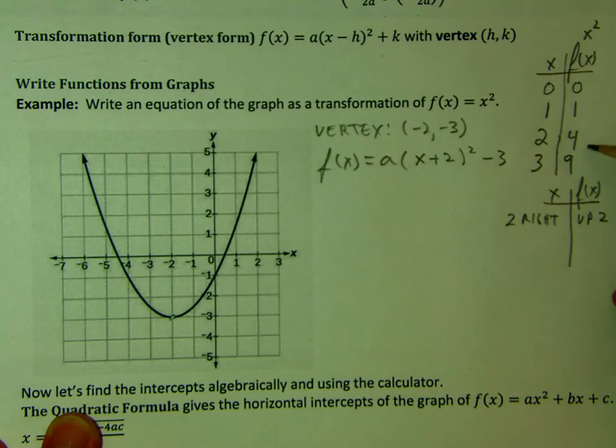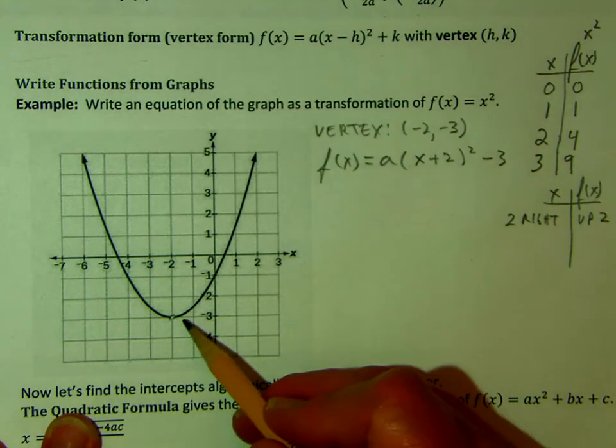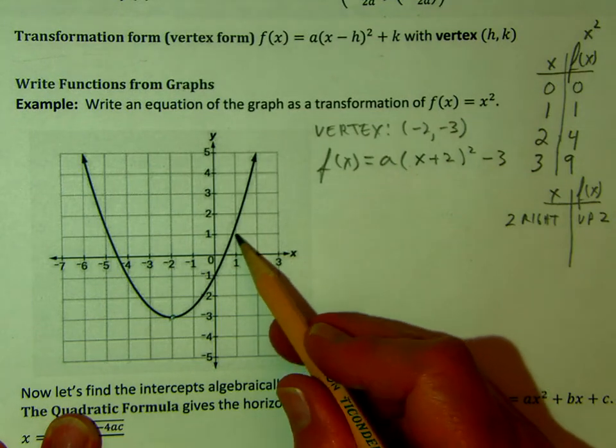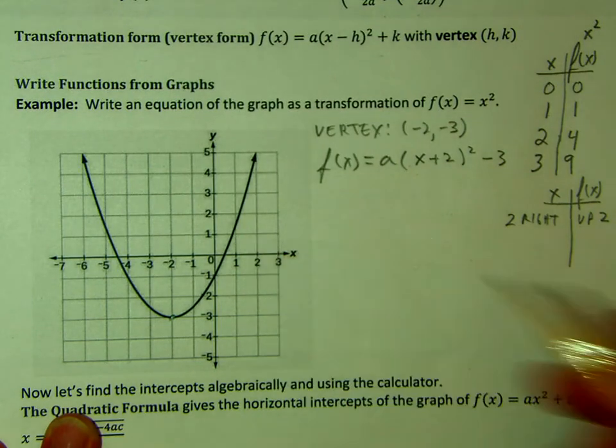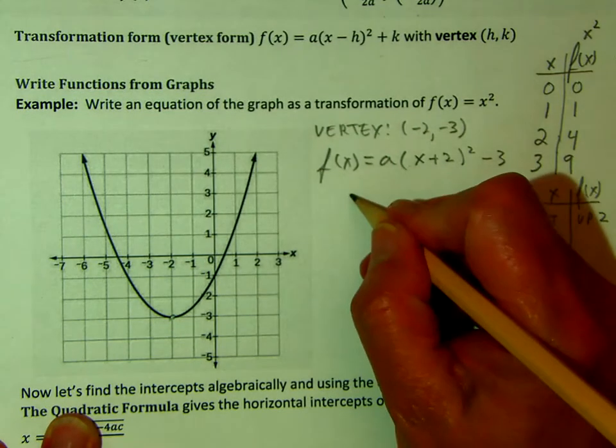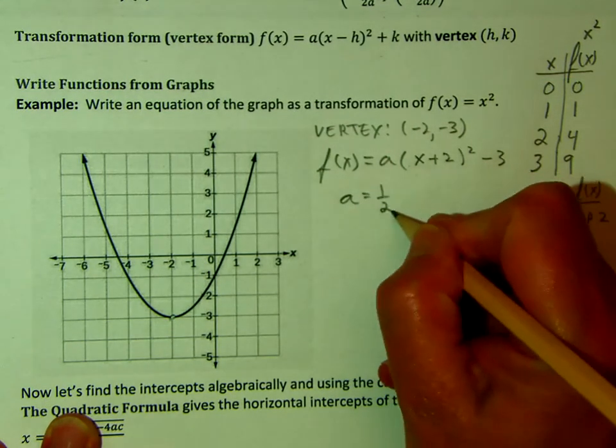That's half of 4 from the basic toolkit function. So that leads me to hypothesize that if I go 3 right, I would go 4.5 up. Let's check it out. 1, 2, 3 right, 1, 2, 3, 4, and then some. It looks like that's right. So I hypothesize that a is a half.